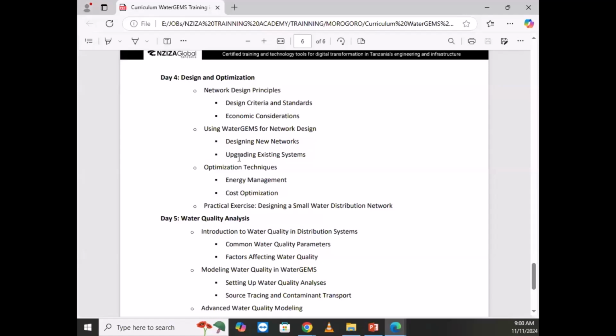Why? Because we will now be designing. You are getting me? We're going to be designing. All of us know how to model and do hydraulic analysis, but the concept of design, if they are telling you, Grace, there is a network, you have to bring water from the mountain you saw up there to this place.